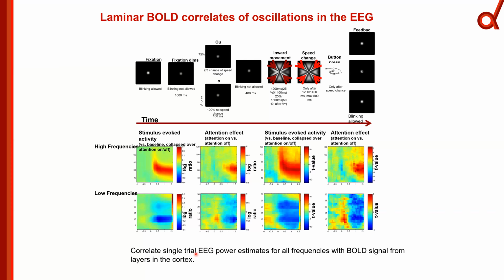And we can correlate the single trial EEG power estimates for all the frequencies with the BOLD signal from the layers in the cortex. So we're not interested in the main effect of task anymore. We've got independent regressors for the different frequency bands, which we can then use to start looking at the signal.